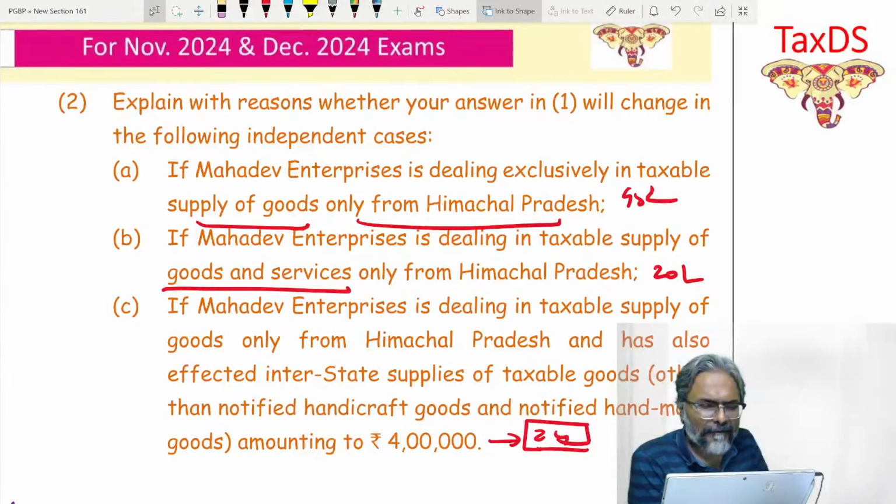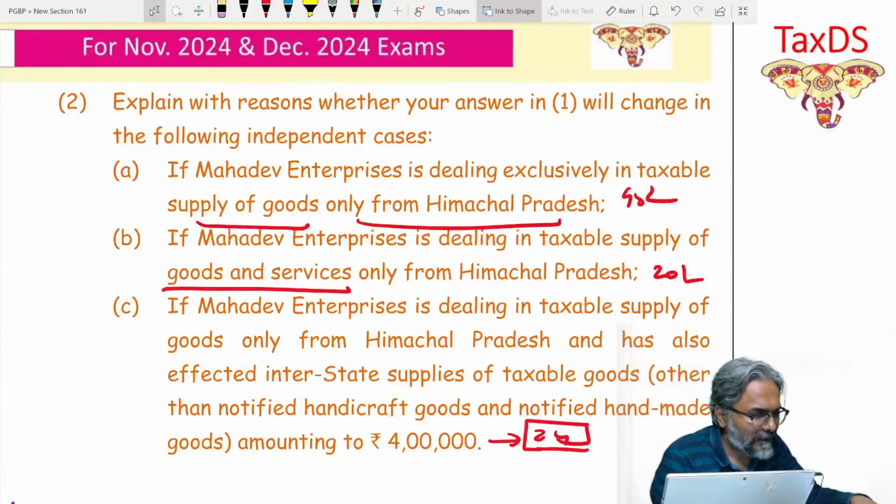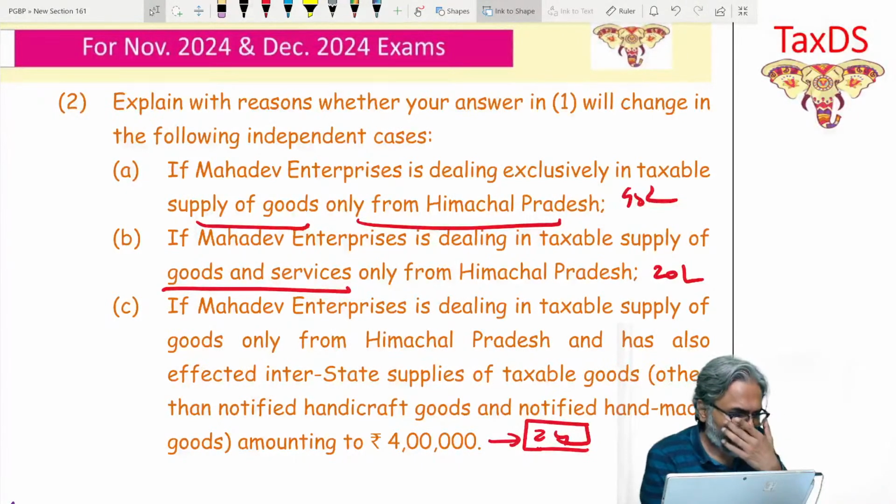Point number B. If Mahadev Enterprise is dealing in taxable supply of goods and services only from Himachal Pradesh, then the limit will be 20 lakhs in this context. Sorry, goods and services. Students, this is goods and services in this context. So if it is goods and services, students, what do you all get in this regard?